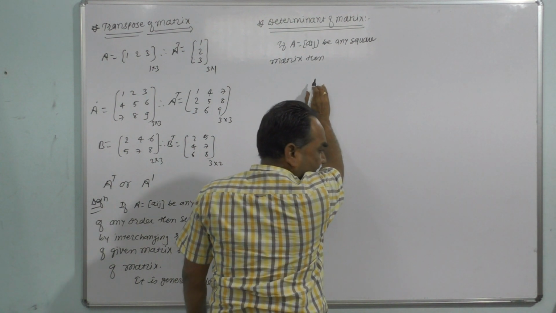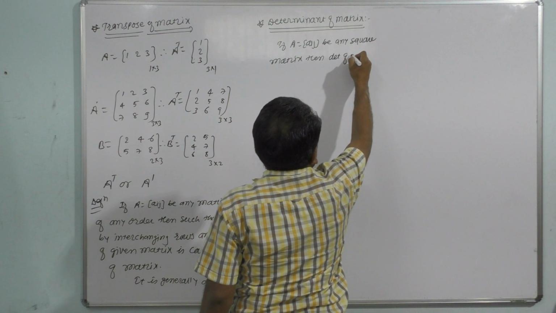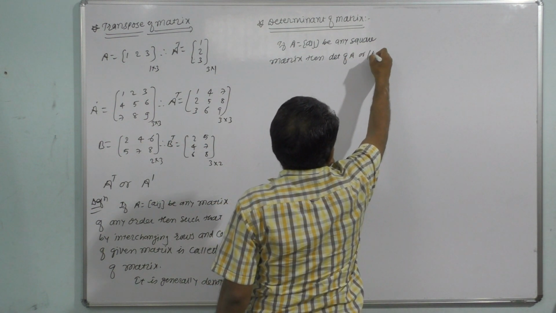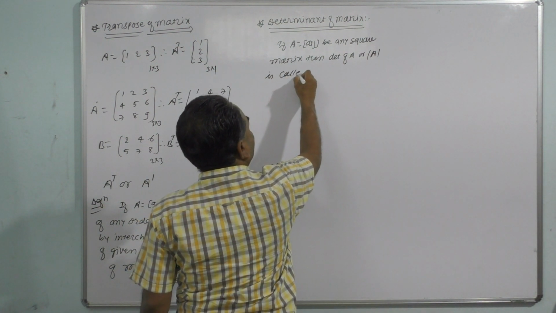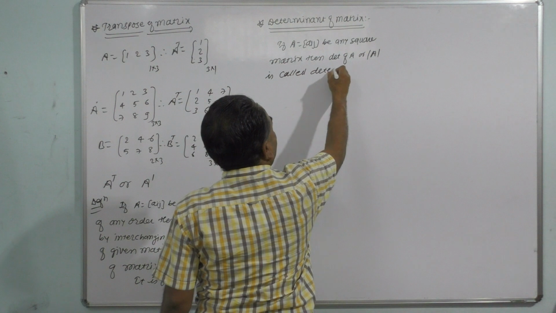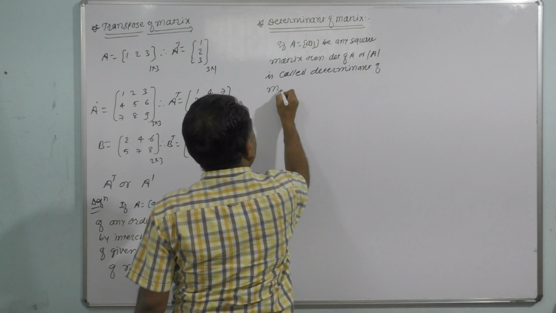det of A or determinant of A is defined. Determinant of matrix.